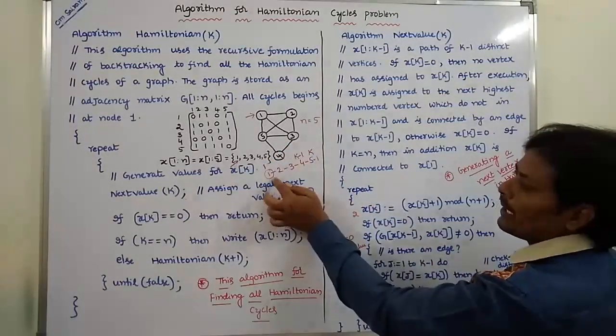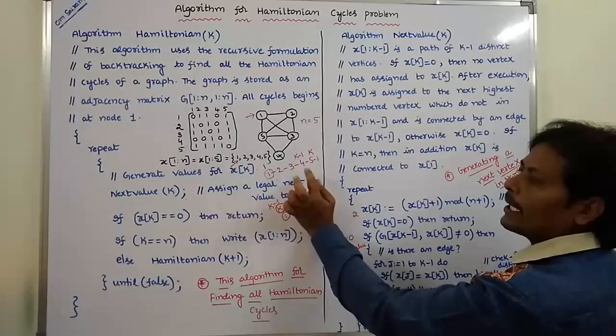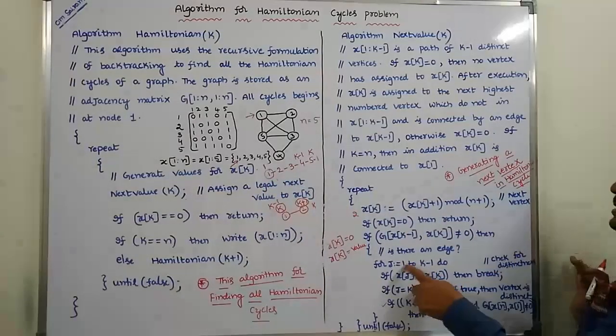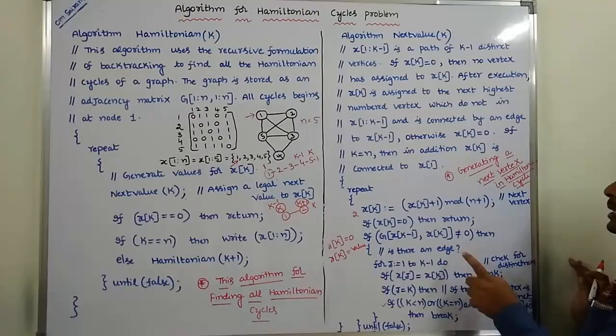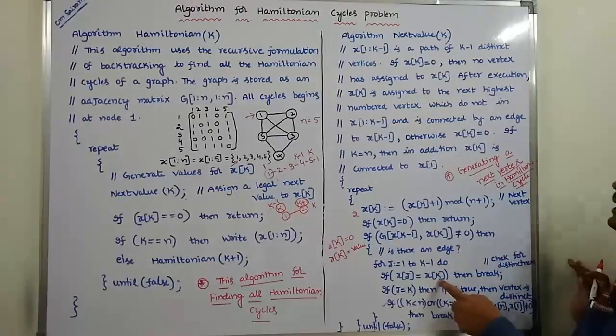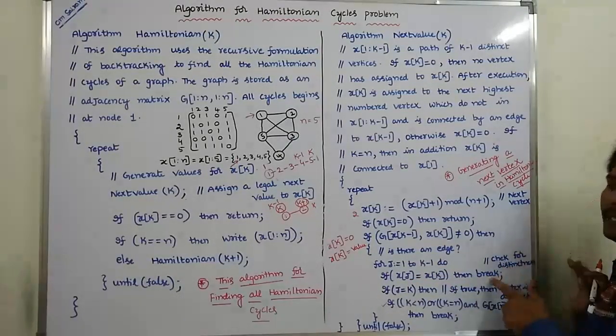Here there are no duplications. 4 is not there 2 times. 3 is not there 2 times. 2 is not there 2 times. And 1 is not there 2 times. For j is equal to 1 to k minus 1, do: if x of j is equal to x of k, that is, if any duplications are there, then break.